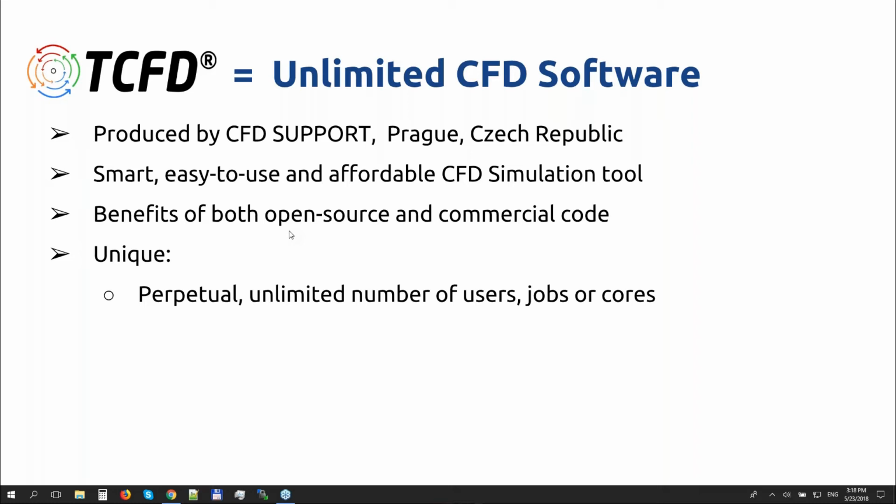This means that TCFD can be used with our clients in a very extensive way, and it can really scale their TCFD simulations and be used in a really big way. Number 2 would be TCFD is fully automated and focused, which means the workflow can be run by a single click or by a single command, and all the process is being done automatically. And for this reason, TCFD is extremely effective.